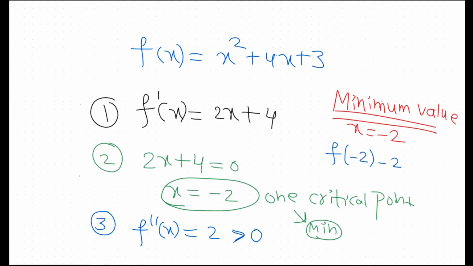Then only you will get the value. F of x will tell you what value it gives. Plus 3. The answer is -1. That's it. This is the answer.